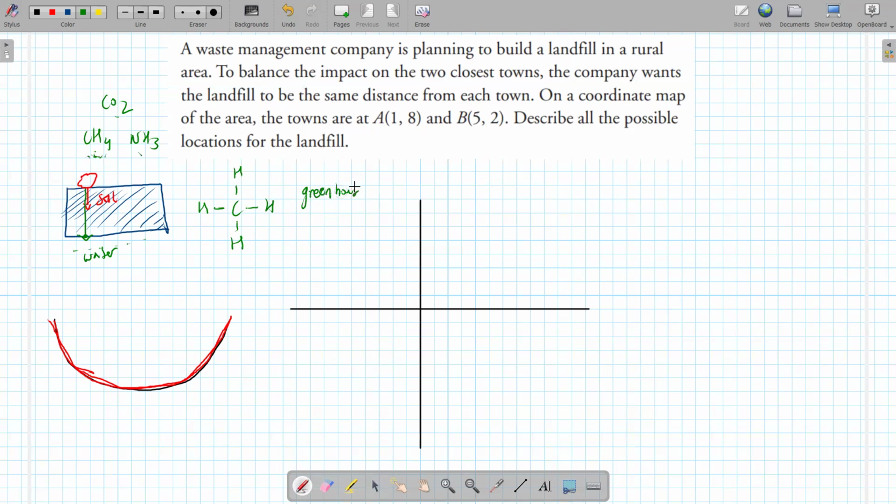Methane is one of the worst greenhouse gases because it can absorb the radiation from the sun much more than carbon dioxide. Carbon dioxide is also really bad, but methane is worse. Methane is like at least 20 to 40 times worse than carbon dioxide. So in a landfill, your organic material, when it decomposes, it emits methane gas into the atmosphere.